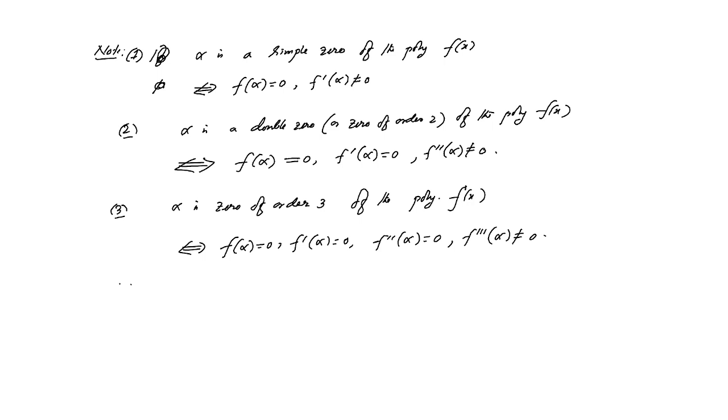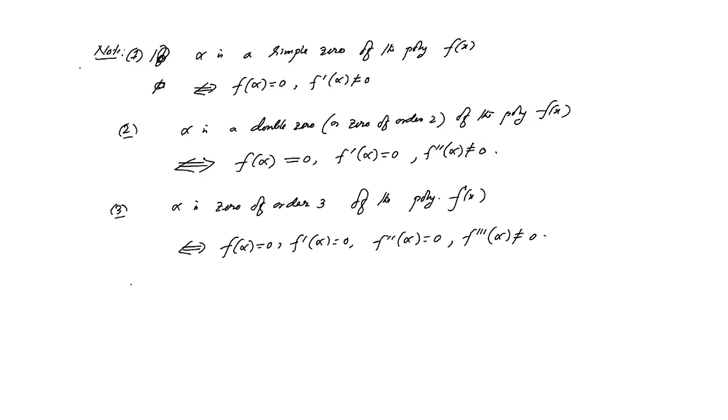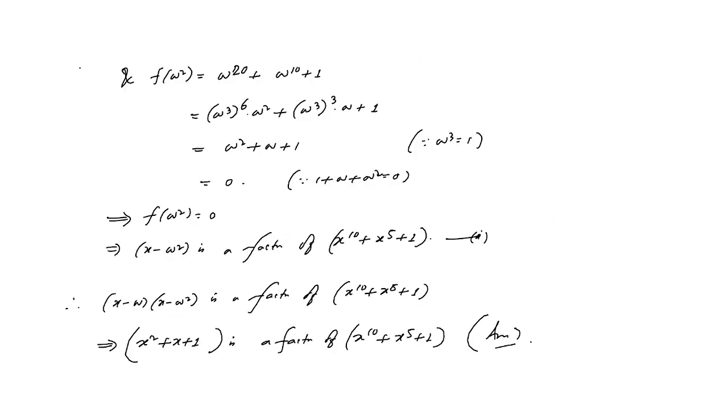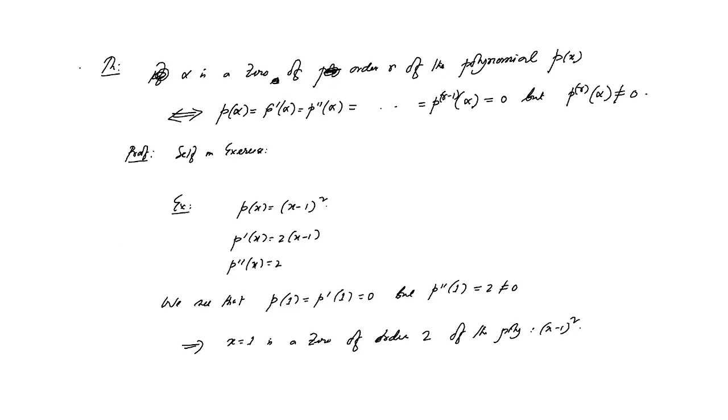Now we come to an important problem. So next question, question number 3. This problem is very important in different examinations where polynomial is in the syllabus, and it is also important in the Calcutta University B.Sc course.